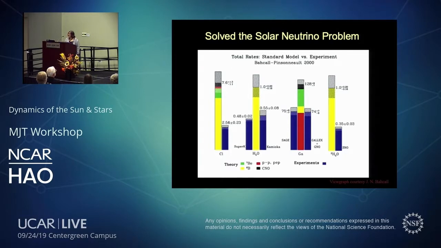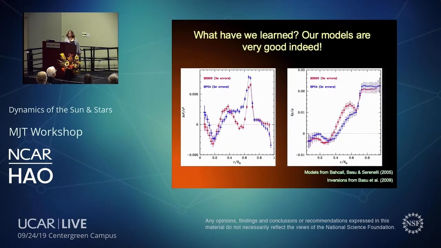But then came helioseismology, and we saw this. Okay? We know the structure of the sun. If we'd mucked about with the model of the sun, we would no longer have a model that is very close to the structure of the sun.